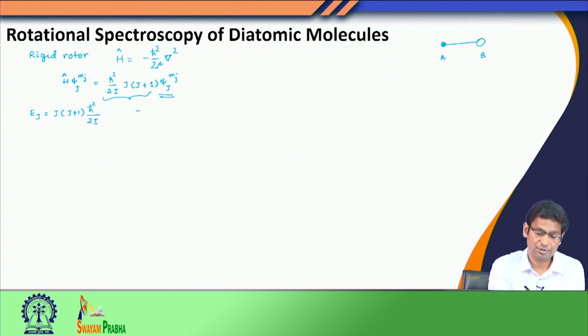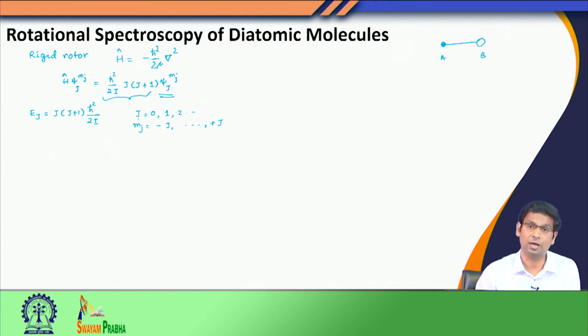The values of J go from 0, 1, 2, and so on. For each value of J, we have 2J plus 1 values of mJ, where mJ goes from minus J to plus J in steps of 1. Therefore, for each J value, we have 2J plus 1 levels. So, the rotational levels are 2J plus 1 fold degenerate.